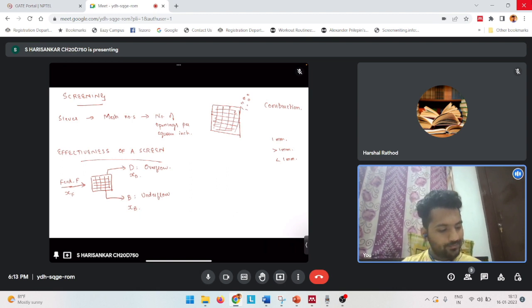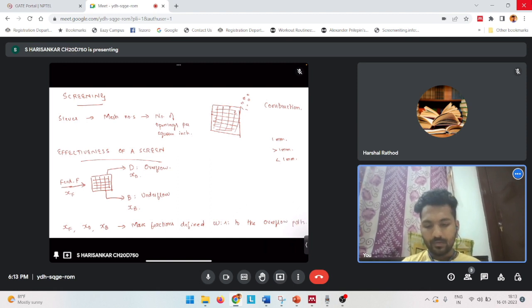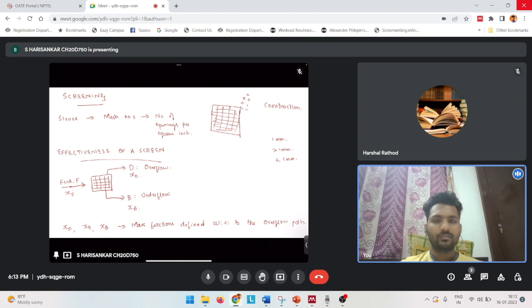So this XF, XD, and XB, these are the mass fractions defined with respect to the overflow products. Now, how this is defined, we'll look into in a while. But just keep in mind these mass fractions are defined based on the overflow products.